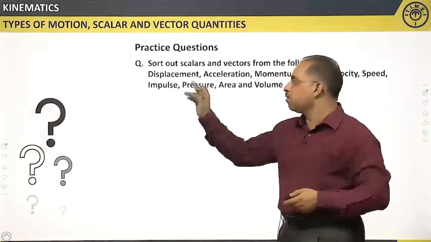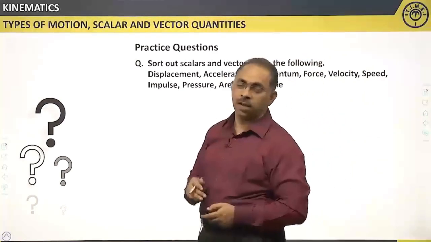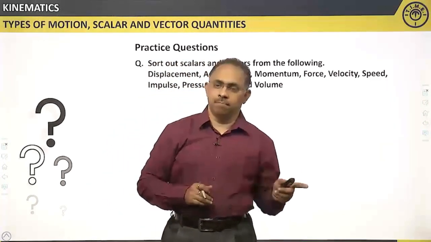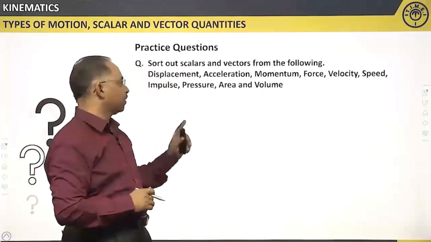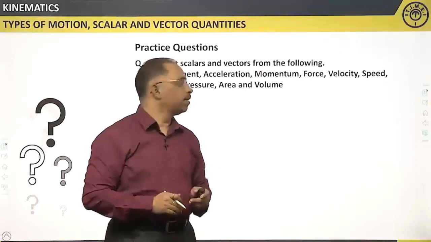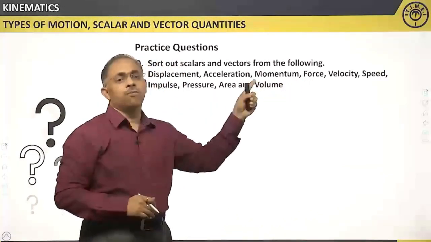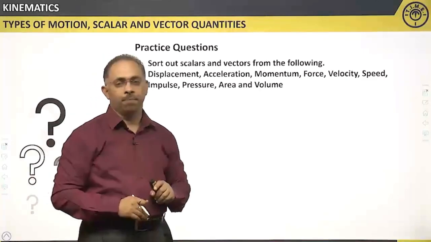So, what are the physical quantities you see now? Displacement, the change in position. How do you measure it? We need to have magnitude as well as direction. Clear? So, that will be a vector. Acceleration, then velocity. Velocity also requires both magnitude and direction for its complete description.